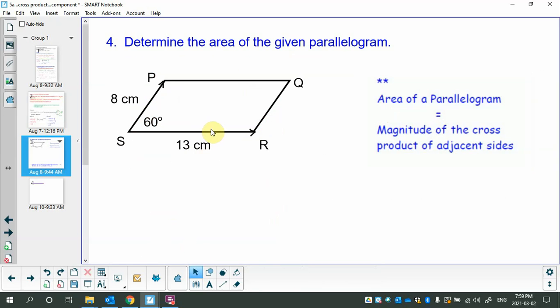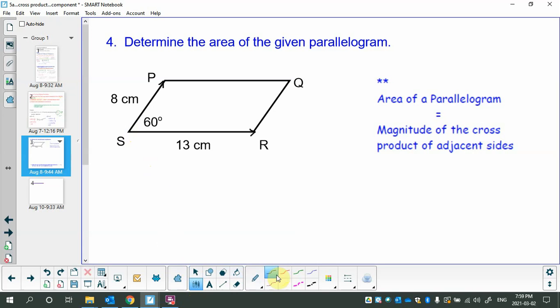The area of a parallelogram is the magnitude of the cross product of the adjacent sides. So if you have this and this, these are adjacent sides, and we can find the cross product of the adjacent sides, so the vector poking us in the eye, and then the magnitude of that, we have the area of a parallelogram.